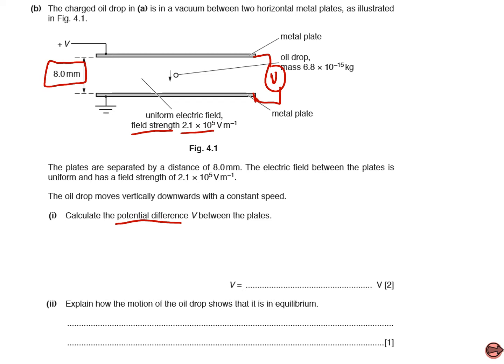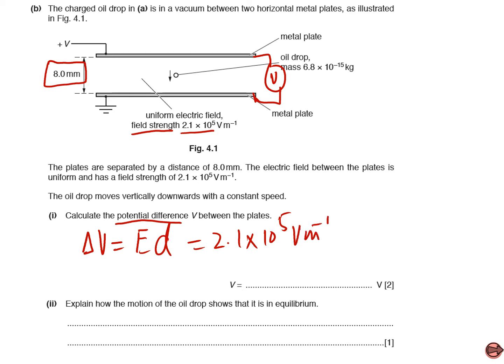To answer this one, we need to understand the relationship between delta V, E and d, where d is the separation between plates. In this case the electric field is given, 2.1 times 10 to 5 volts per meter.